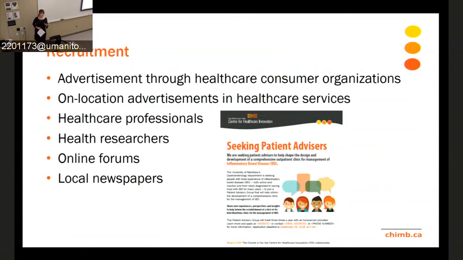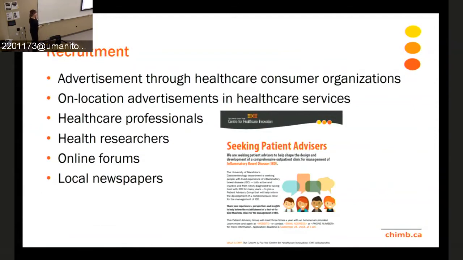And also asking different community organizations about what the best way to engage people is. And so healthcare consumer organizations can not only help you with the participatory approach that you choose, but also the recruitment process and spreading the word and identifying people.